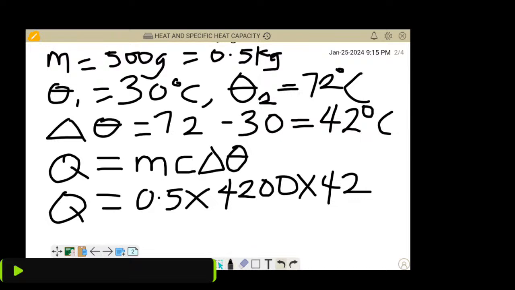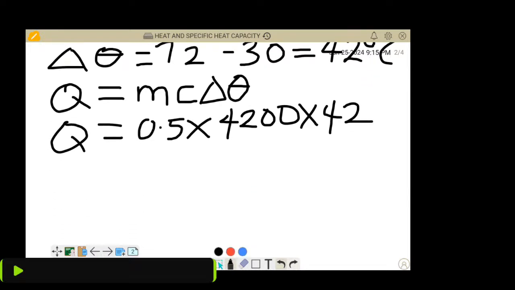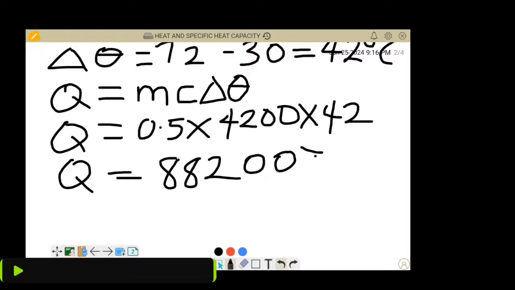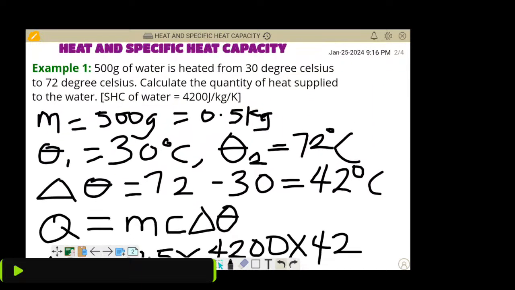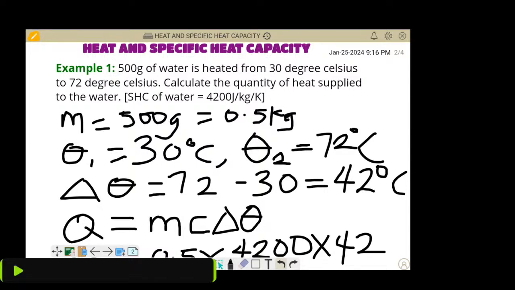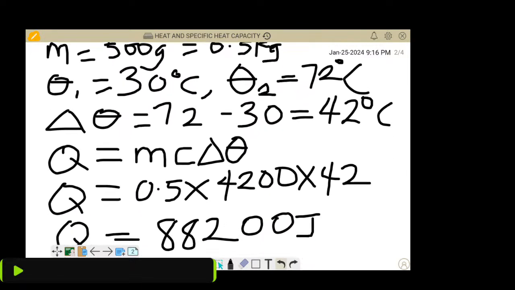So therefore our quantity of heat is equal to 88,200. You can easily get that with the help of a calculator. 88,200 joules. That's the quantity of heat that is supplied to the water to raise its temperature from 30 degrees Celsius to 72 degrees Celsius. That is the first example that we have here tonight.